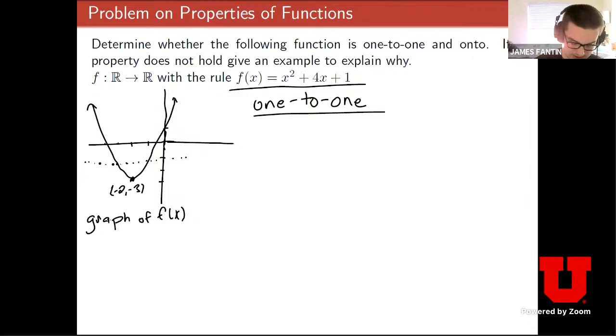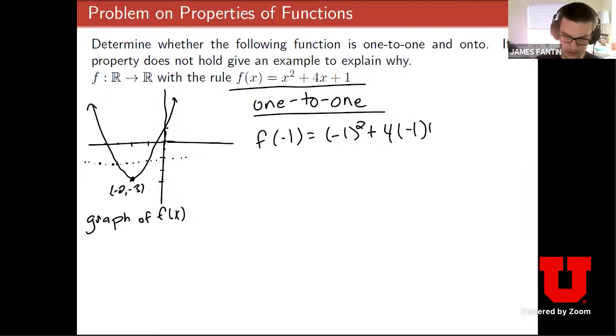One way we can do that is we can look at 2 points that, since we're looking at x squared, are symmetric to each other. So we can look at what happens at f of -1, since our vertex is at -2, -3. If you look at f of -1, this is going to equal -2.